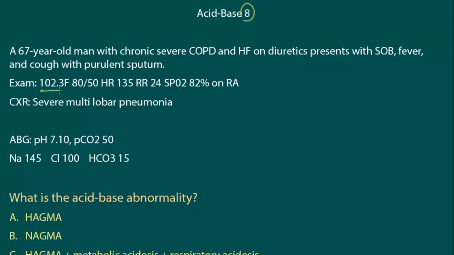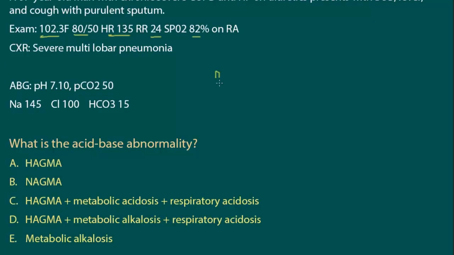Temperature of 102.3, blood pressure 80/50, heart rate 135, respiratory rate 24, pulse ox 82%, chest x-ray severe multilobar pneumonia. pH 7.10, PCO2 50, bicarb 15. Expected PCO2 would be 30. 15 plus 15 is 30. Anion gap is 30, which is 24 more than normal.